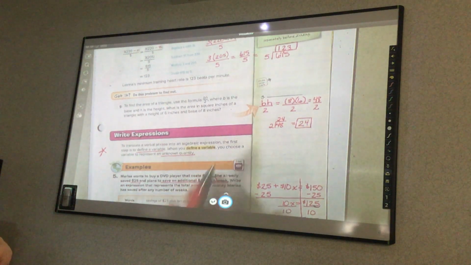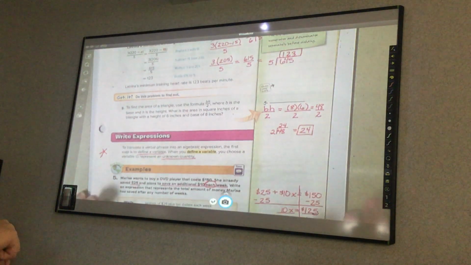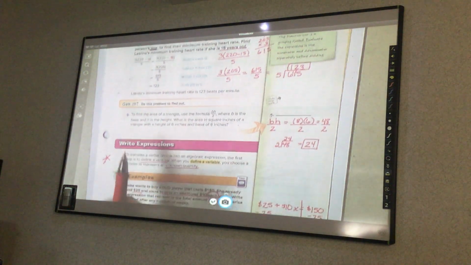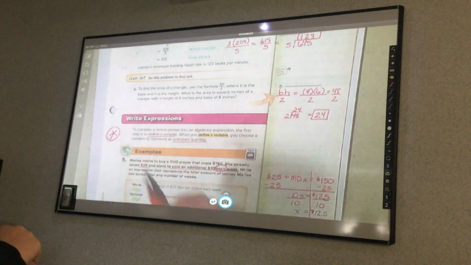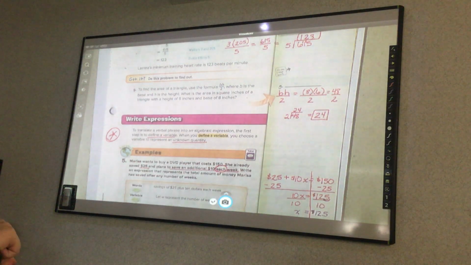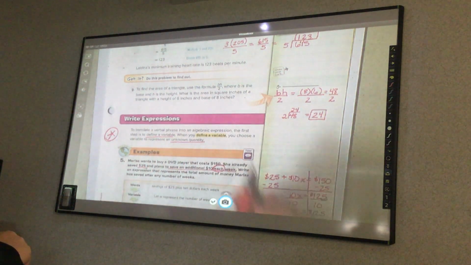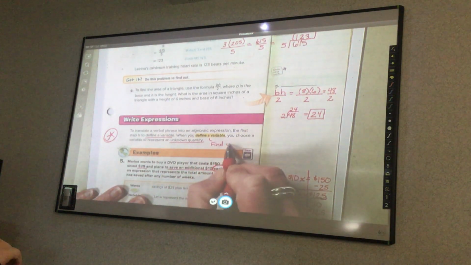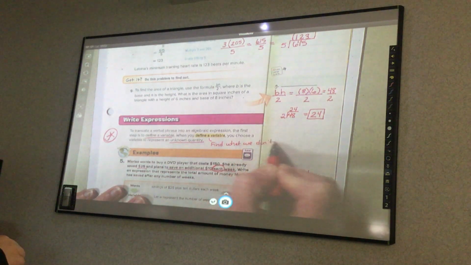We also used it with story problems, putting it in for that. And then we started to write the expressions. We put stars right here because I know that this is where we struggle when you have to define a variable. What that means is to find what we don't know.